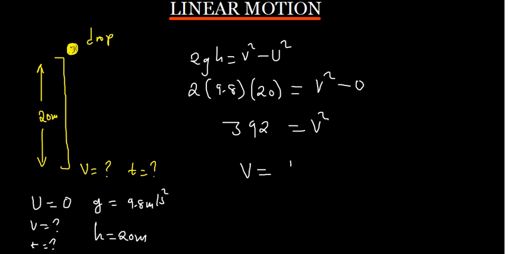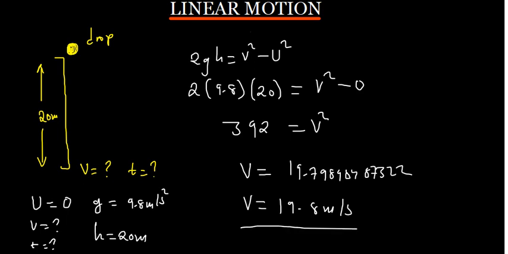And this is going to give us 19.79898897322. I can just write to one decimal place as 19.8 meters per second. That's the final velocity.